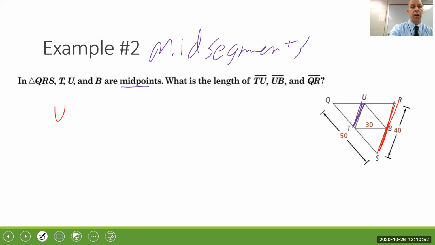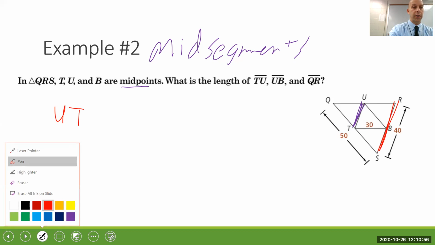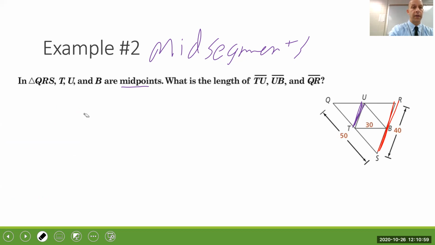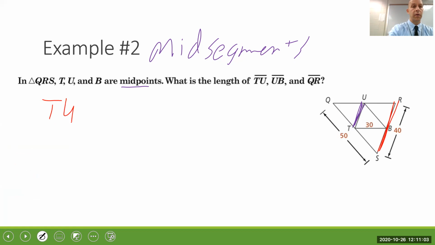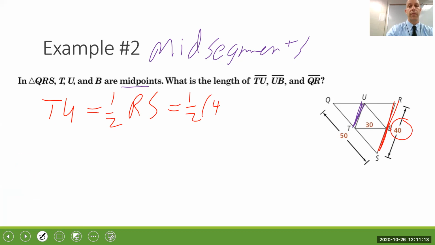In other words, the length of TU has to equal 1/2 the length of RS. Well, we know RS is 40, so it's going to be half of 40. So it has to be 20. So the length of TU has to be 20.